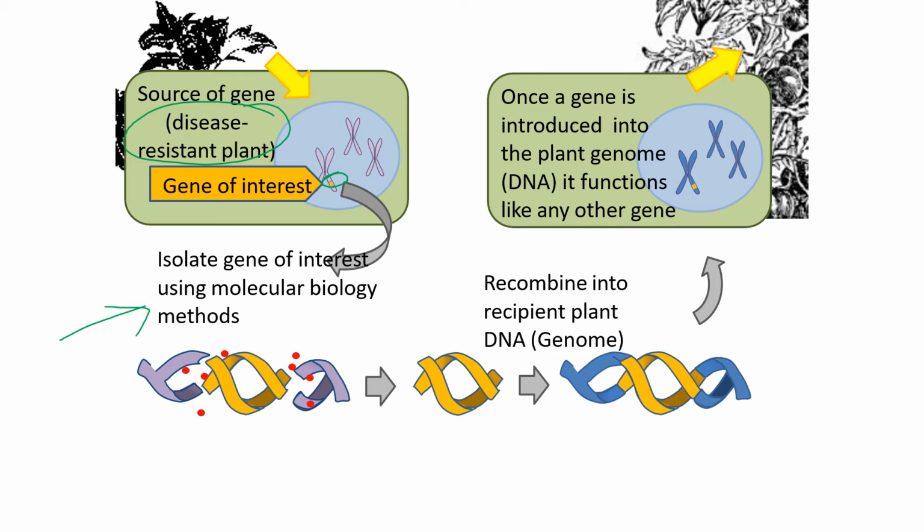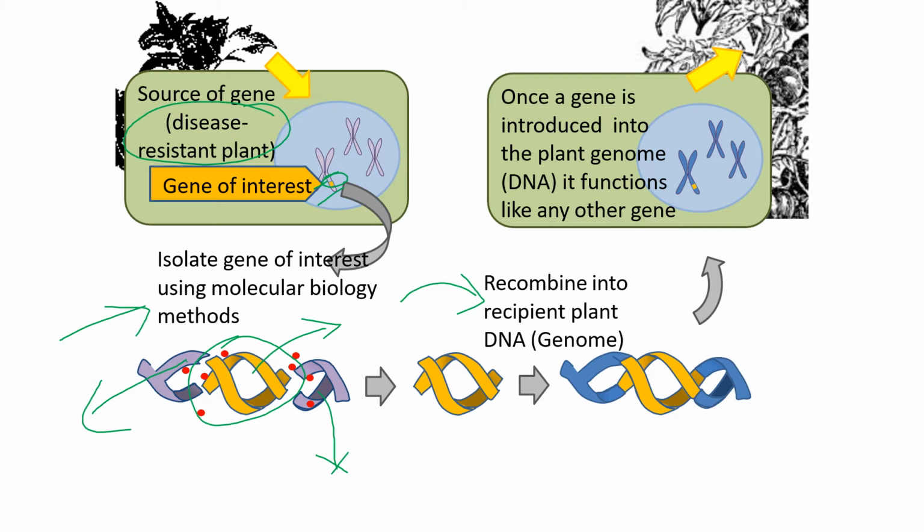These restriction enzymes will give a cut over here, exactly isolating only the gene of interest, and the rest of the DNA will not be used. Only this DNA is cut using restriction enzymes, and this is then recombined into the recipient plant DNA genome.